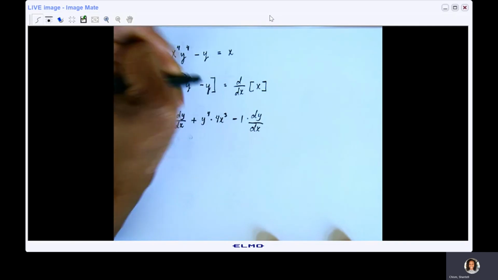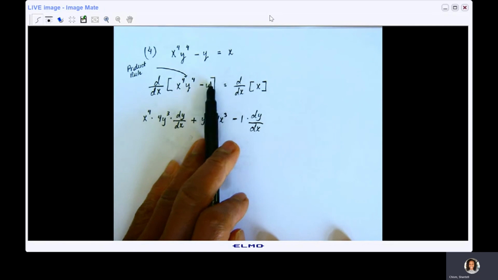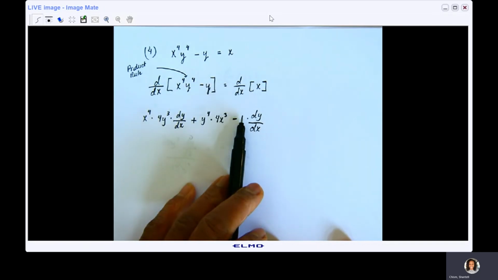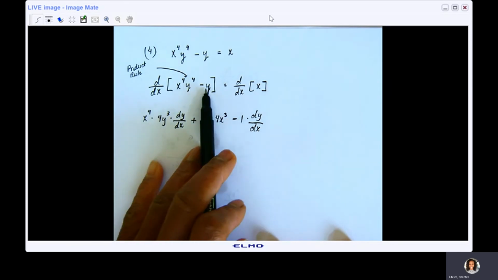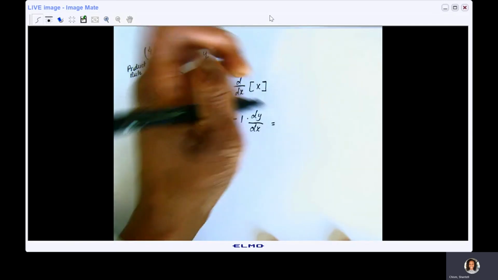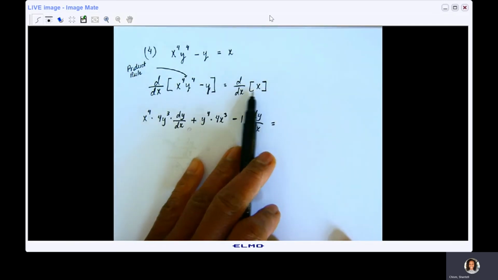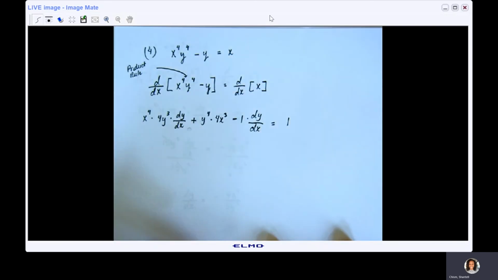It's understood to have an exponent of 1, so for the outer derivative you lower the exponent down and reduce the exponent by 1. That's how you end up with y to the 0, and it's just 1. Then times the derivative of y with respect to x, which is dy over dx. And that is equal to the derivative of x with respect to x, which is just 1.